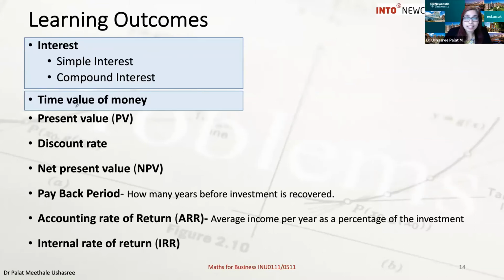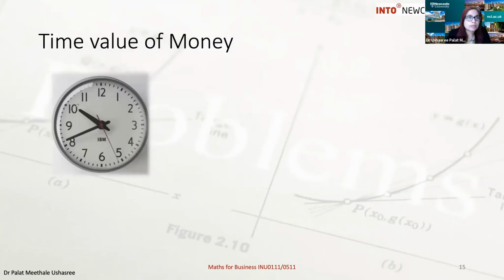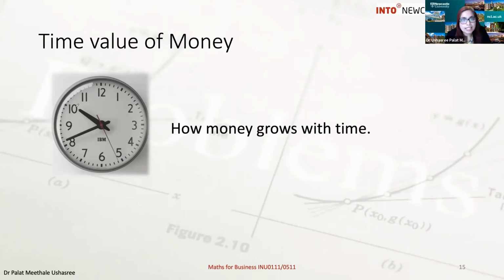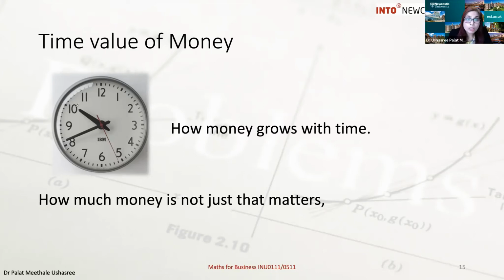To understand this, the most important thing is the time value of money. Let's understand what the time value of money is before we get into other things. Time clock, it makes a lot of sense there, isn't it? Time value of money is how money grows with time. It's not just how much money that matters.